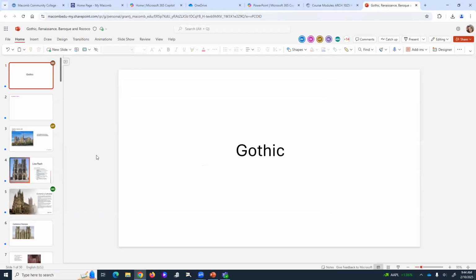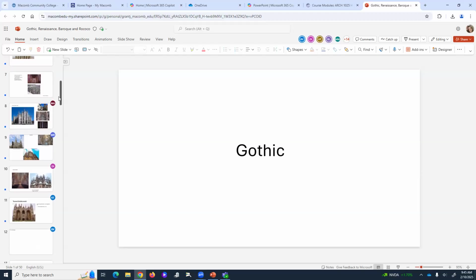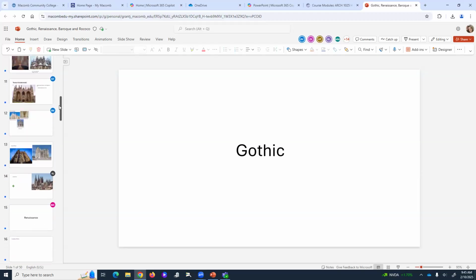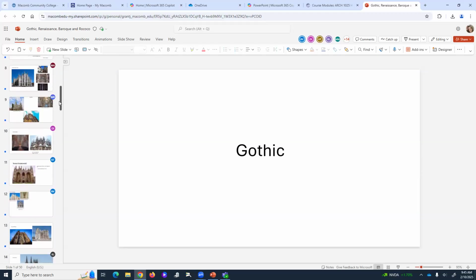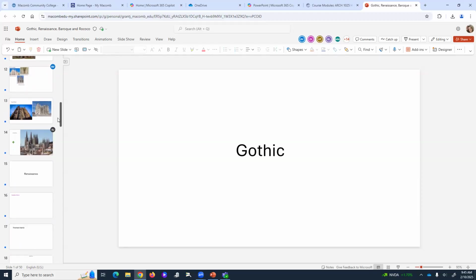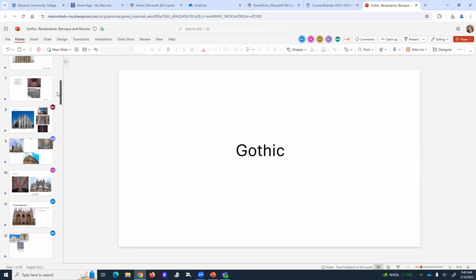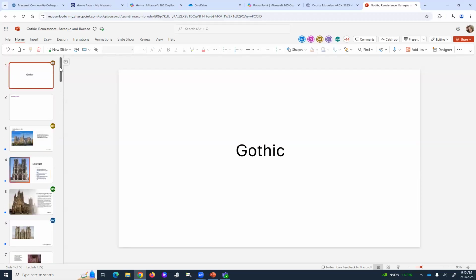Each person took this one slide and created a new slide and put their name on it, and then went and did a search for at least 1 or 2, whatever you can get in there, a slide of Gothic architecture. So this is going to give us a lot of really great examples of Gothic architecture from you guys to share with other people.